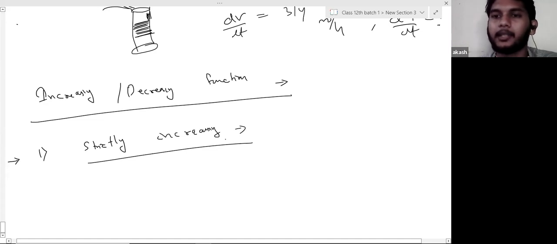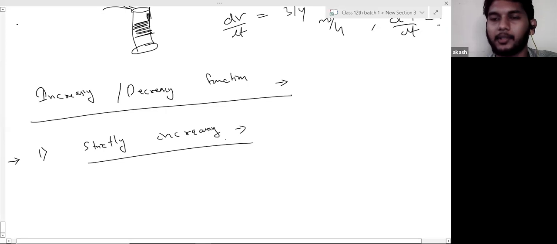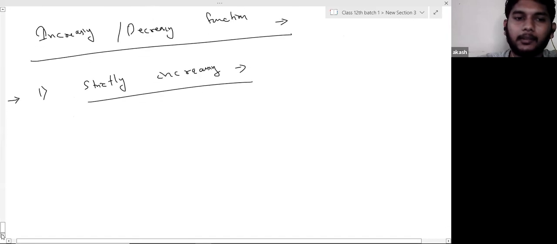If something keeps on increasing with time, with any variable you think of, then we say that that is an increasing function. If something keeps on decreasing, that is a decreasing function. Very simple. But there are two categories of increasing also. One is strictly increasing, second is increasing.